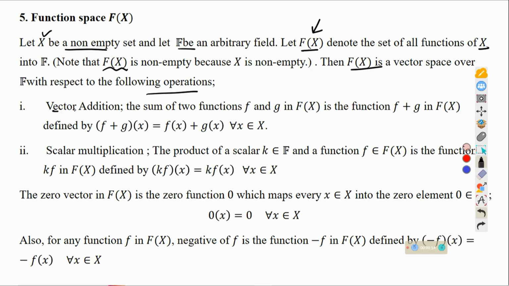1. We shall talk about vector addition. How do we add two functions from this given set?